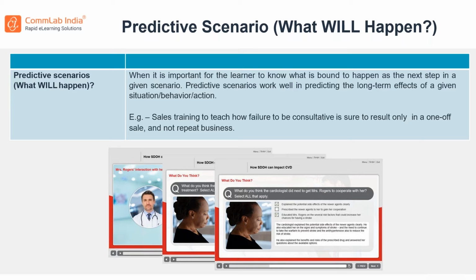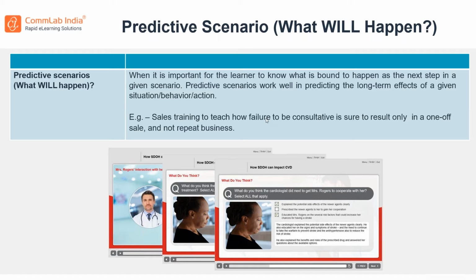So basically, as the name suggests, predictive scenarios work well in predicting the long-term effects in a given situation. For example, you could use predictive scenarios in your sales training to demonstrate how failure to be consultative with a customer can actually put off the customer and not result in repeat business.